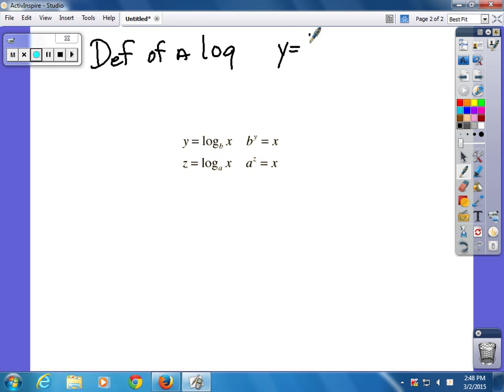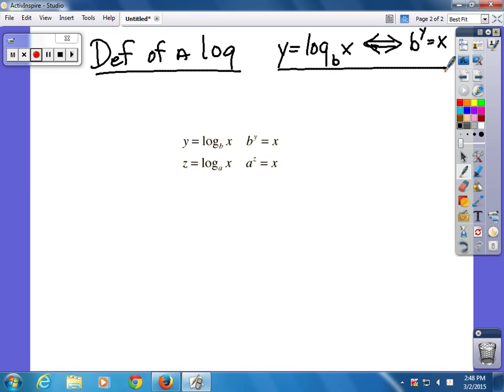Y is equal to log base b of x can be rewritten as b to the y is equal to x. Sometimes you might see y is equal to log base a of x, a to the y is equal to x.